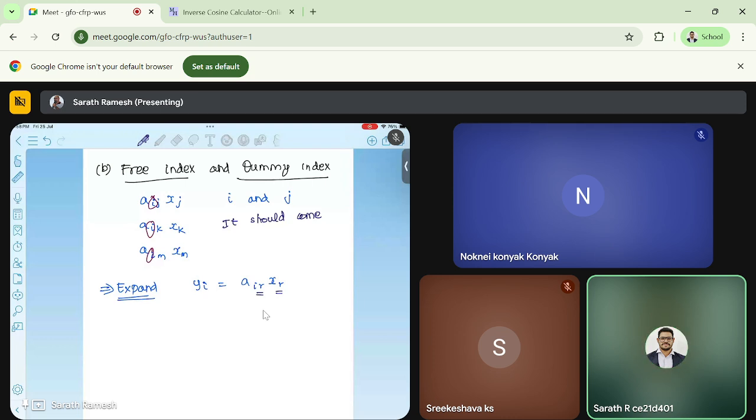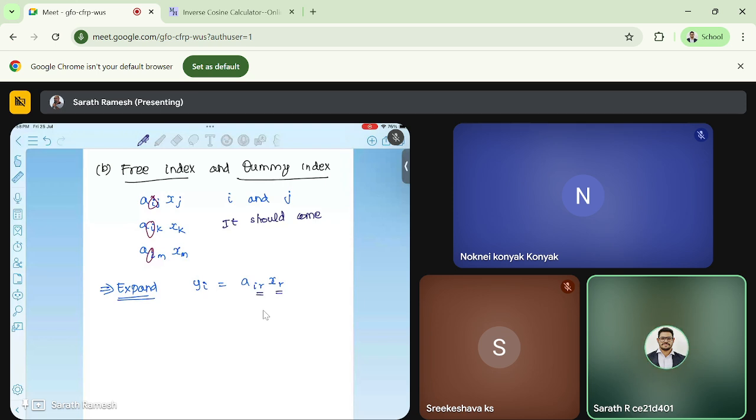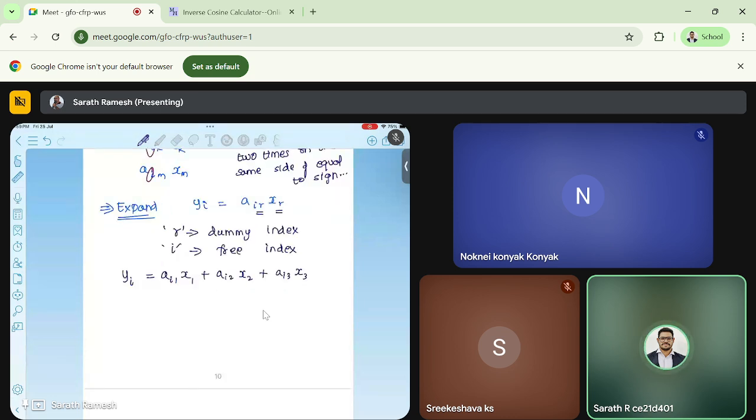So y_i equal to a_i1 x_1 plus a_i2 x_2 plus a_i3 x_3. I am just writing this dummy index from 1 to 3. Now, if i equal to 1, it means y_1 equal to a_11 x_1 plus a_12 x_2 plus a_13 x_3.